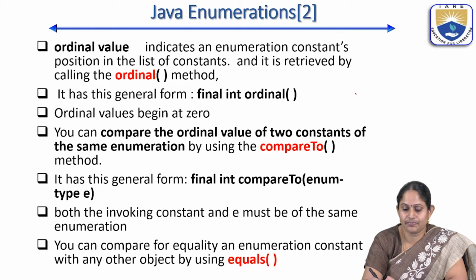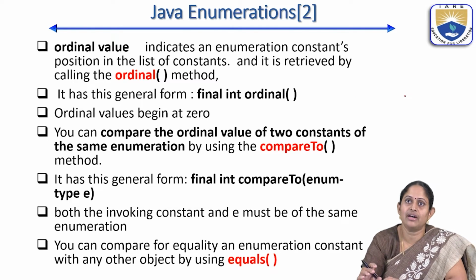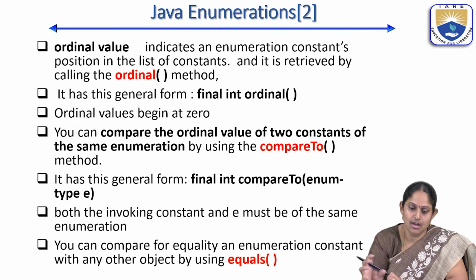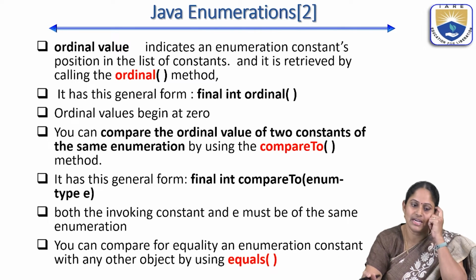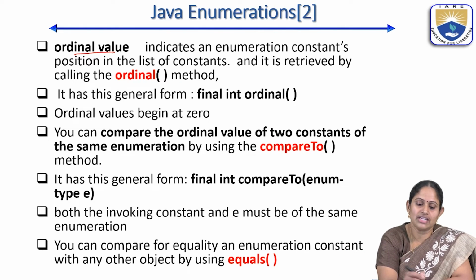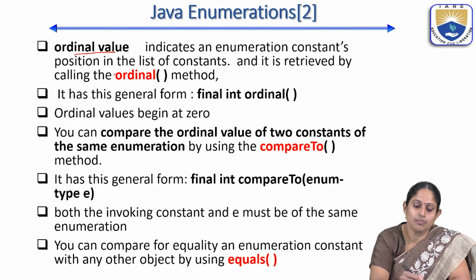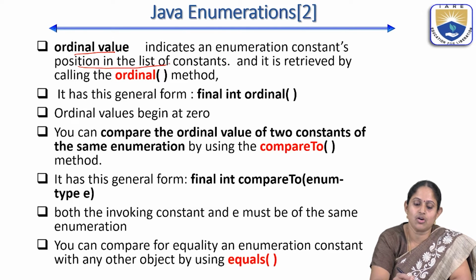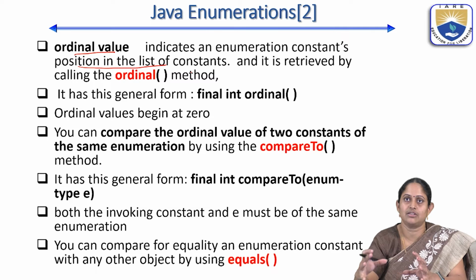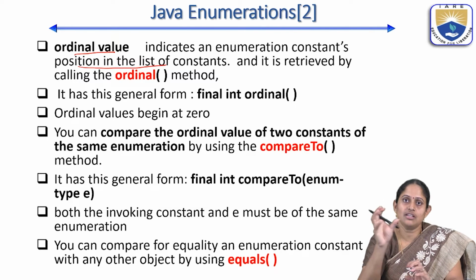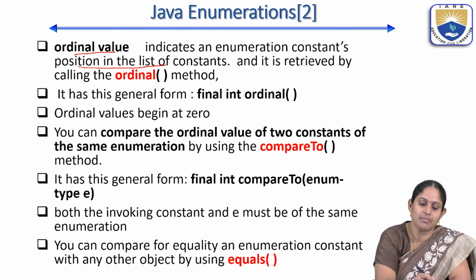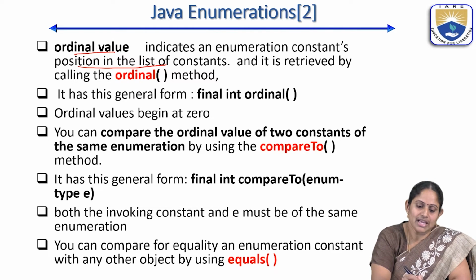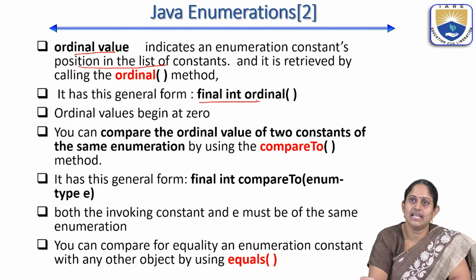Next, each enumeration constant, based on its location or position, has some value. That value is called the ordinal value. So the ordinal value indicates the position of the enumeration constant in that list. In that list of enumeration, what is the location of that constant? That is described by the ordinal value, and its general form is final int ordinal().